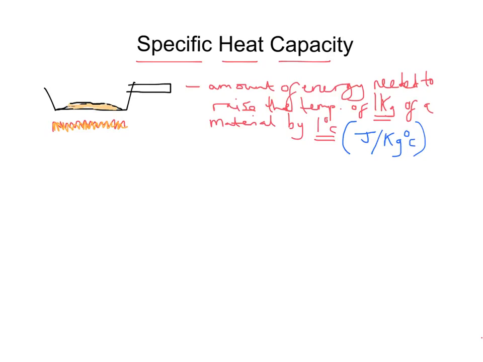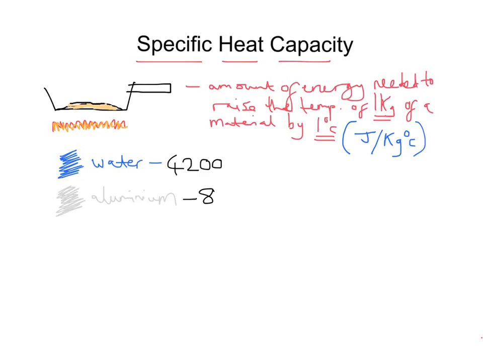Just to quickly say that different materials have different values for their specific heat capacity. So for example, water, let's put in blue, so water has a value of about 4,200. And if we compare that to something like aluminium metal, what you find is that aluminium has one that's far, far lower.